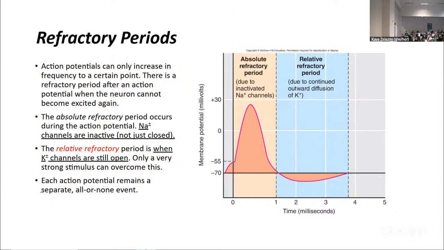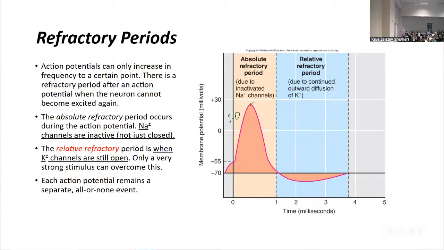During the absolute refractory period, this is encompassing first our depolarization phase, so phase one of the action potential. We know that during this depolarization phase, the sodium channels are already opening.